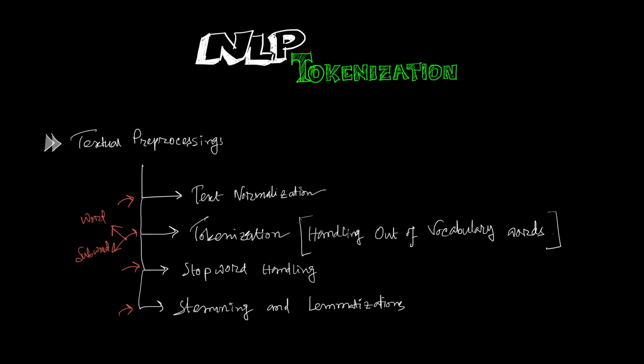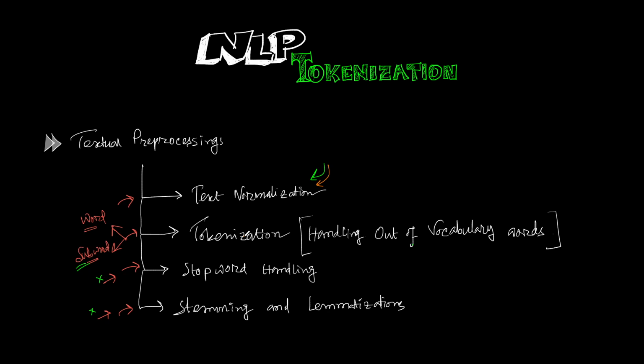If it is word tokenization, then we need to handle stop words, we need to do stemming and lemmatization. But if it is subword tokenization, then we don't need these two things. But text normalization is required in both of the cases.